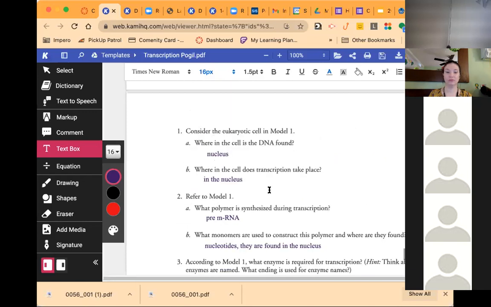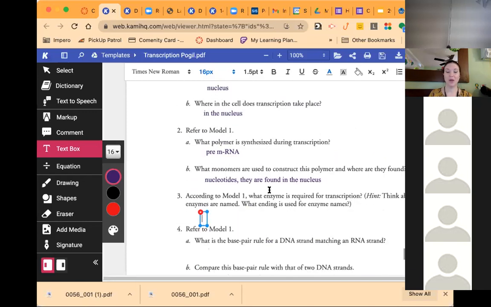RNA polymerase. Yep. Excellent. And the ASE ends all. So make sure that you're writing these things down if you didn't have the answer.